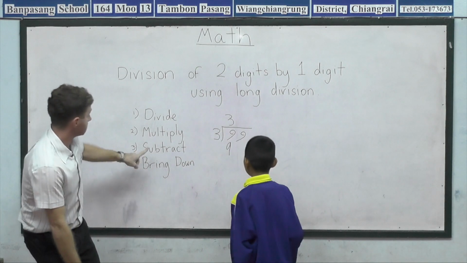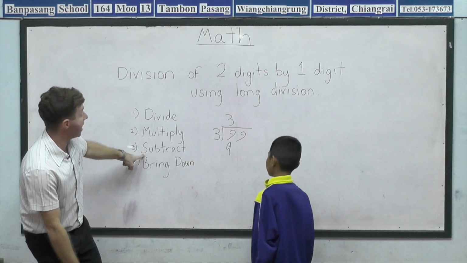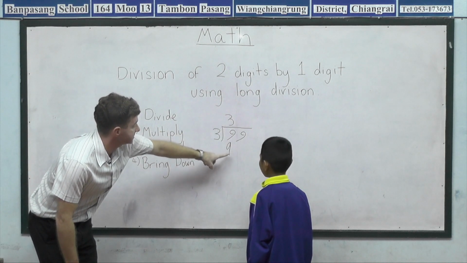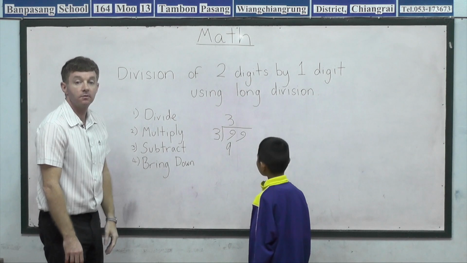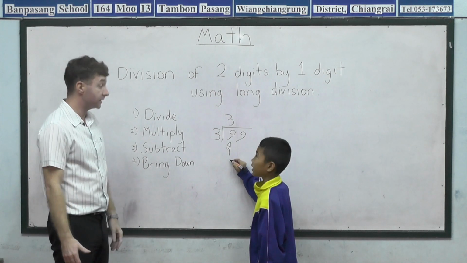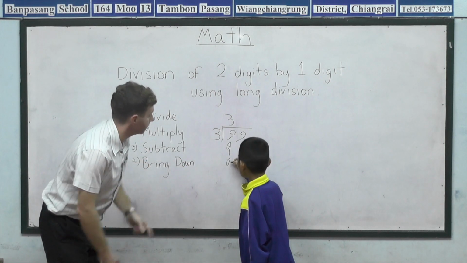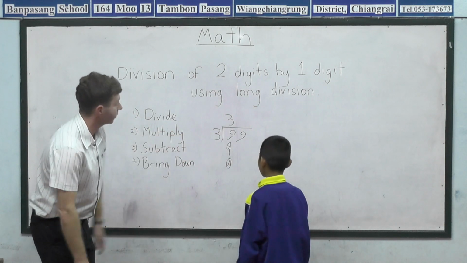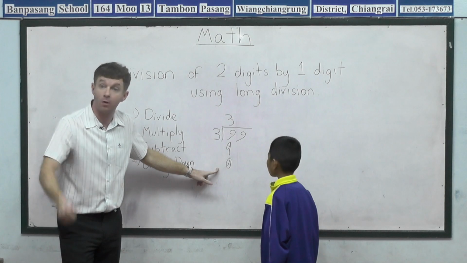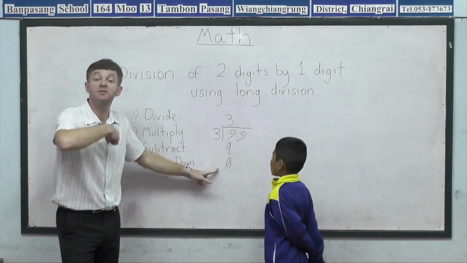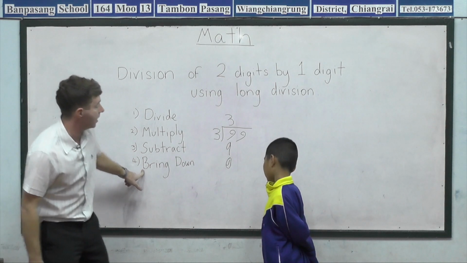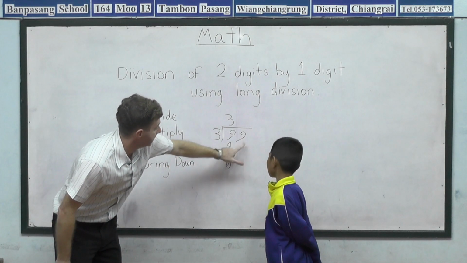Excellent. Step 3, subtract. 9 minus 9 equals 0. Once we get to 0, we know we're fine. We can then move on to the final step, bring down. So let's bring this 9 down to here.